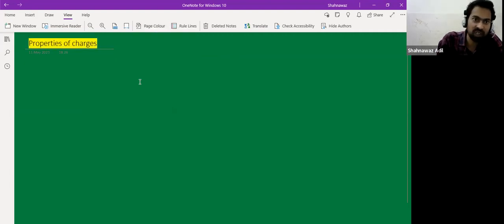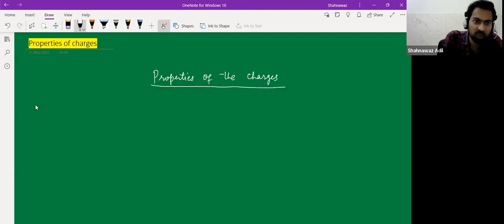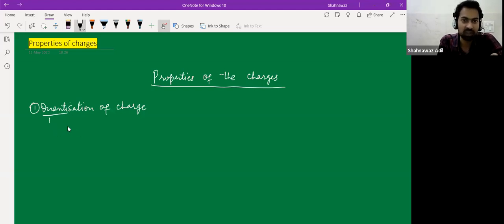As you all know, the first property is the quantization of charge. What do we mean by quanta? Quanta meaning one small number, one integer number, one quanta.